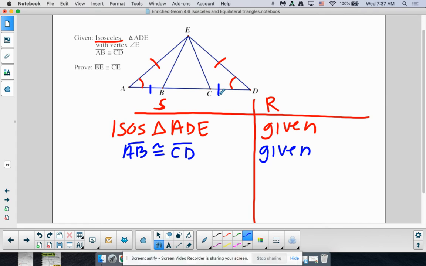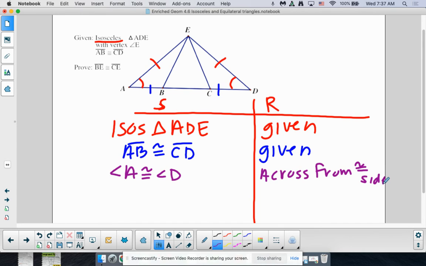So now let's list the other congruencies we wrote down. So we now know that angle A, we mark this as congruent to angle D. We know that because they're across from congruent sides. And then we also know from our isosceles triangle that AE is congruent to ED.